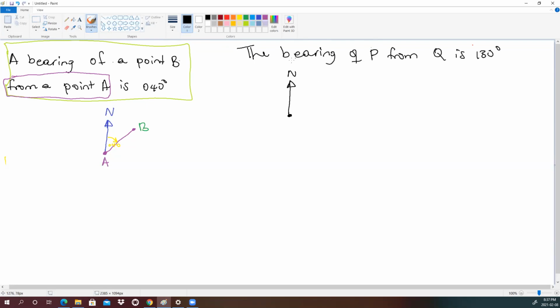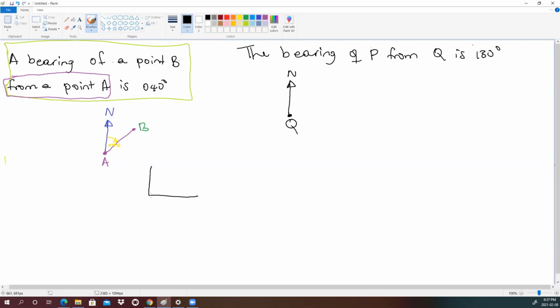P, all right. So the bearing of P from Q. Q is the reference point, so Q is what is under the north sign right here. The bearing of P from Q is 130, so P is 130 degrees from Q. So you know what 130 looks like.